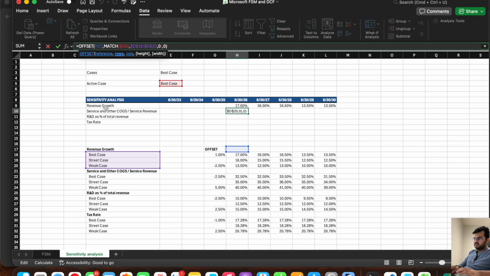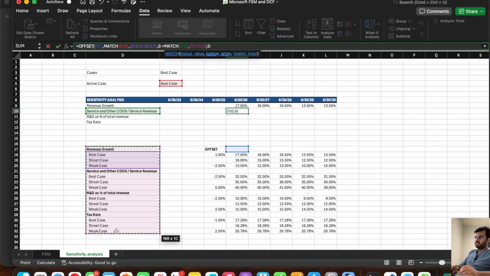I also need to say if it is service and others, the function should know it should come here and figure out what is the best case here, street case and weak case here. If I'm going to R&D, then it should come to these 3 rows. So accordingly, I'm going to add one more MATCH function for the application to figure out where this row is in this set of array.